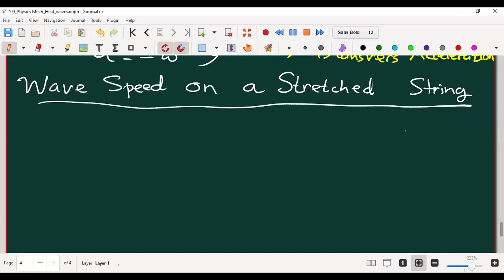For example, this one is like a guitar. So imagine that you have a string, a guitar string.